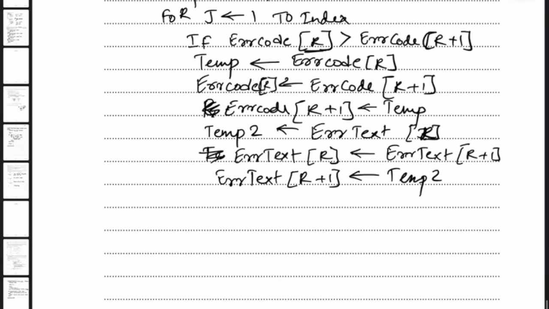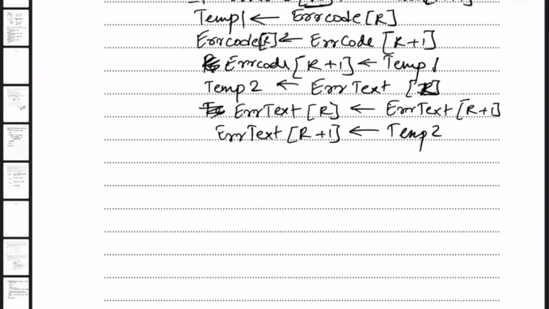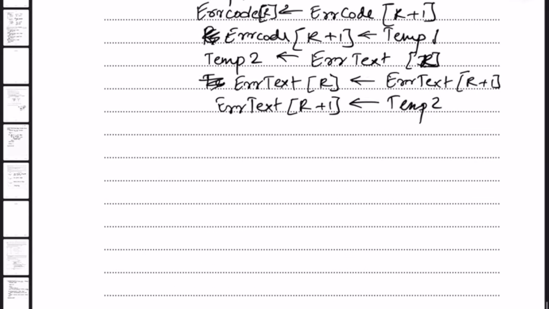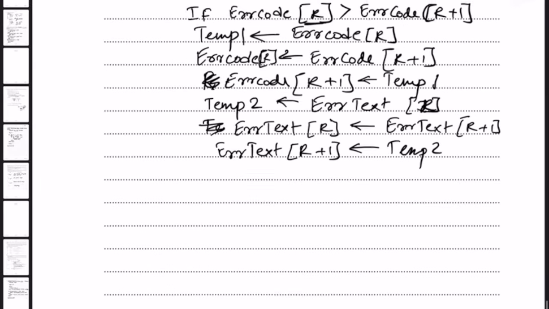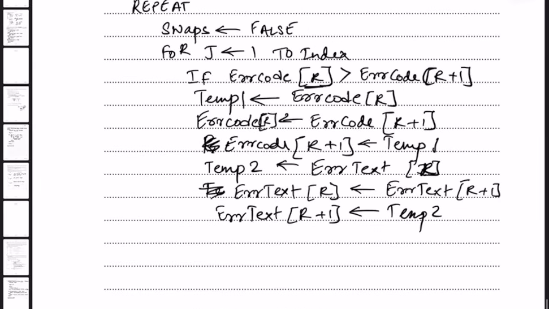Temp 2. So on this we'll write temp 1. Yeah. That's good. So that is done, and then once we've swapped, we'll have to make swaps as true.